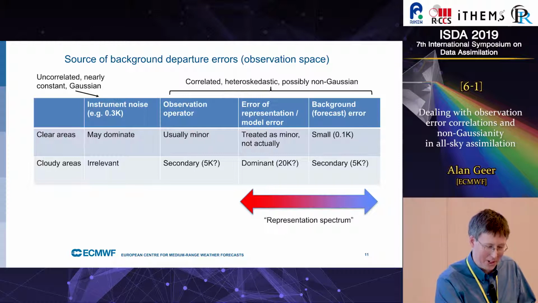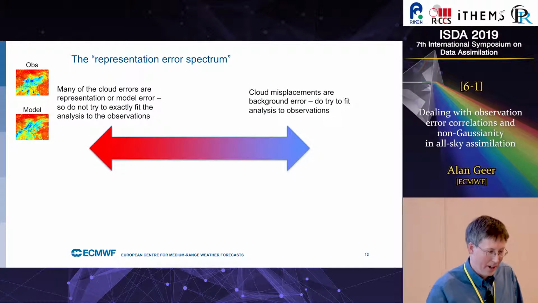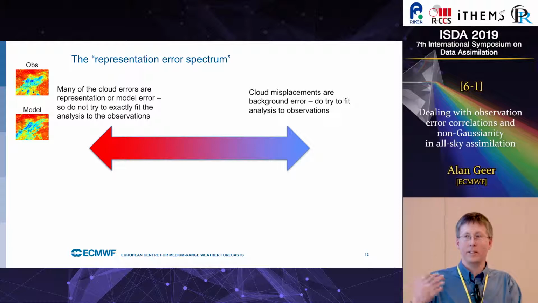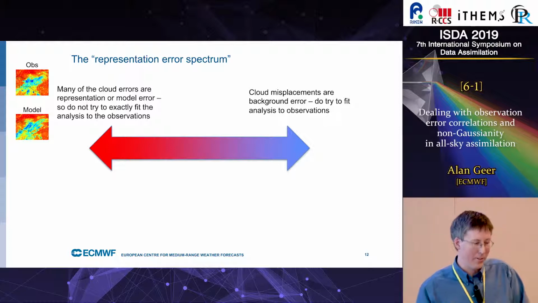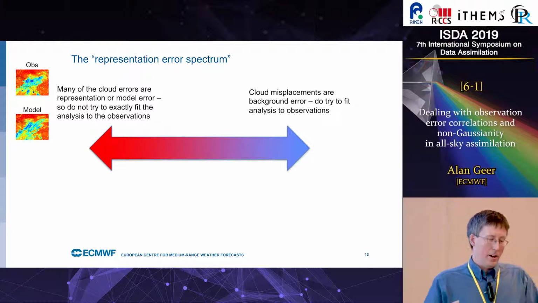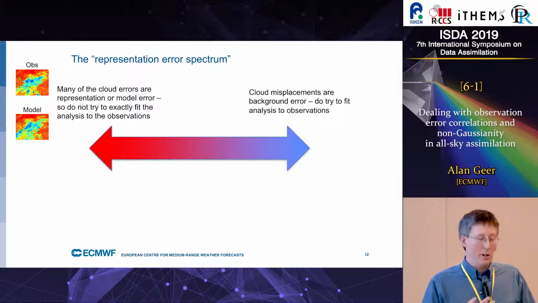I just want to explore this representation error versus background error thing for a moment, on a kind of representation error spectrum. On one end, this is the way it's working for us at ECMWF. We're assuming that many of the differences we've seen between observations and model are really representation error.